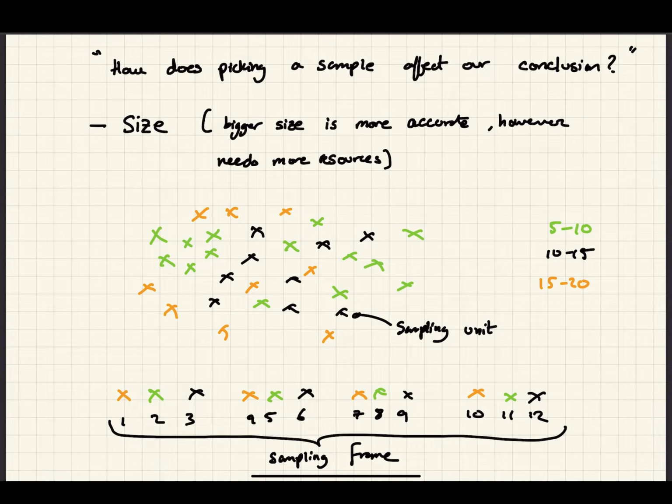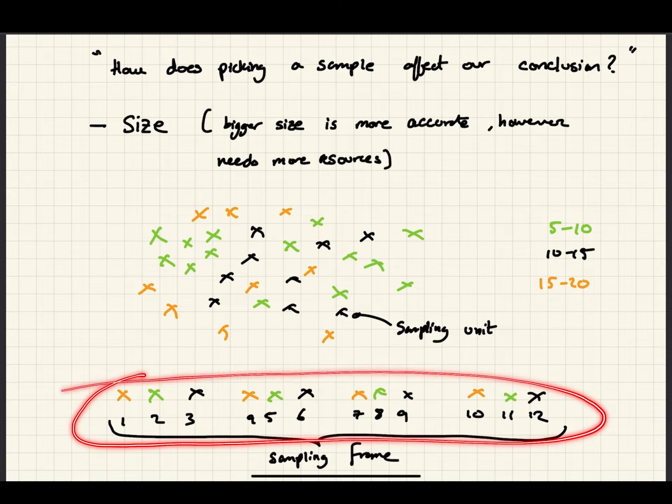So just to recap, in my population, every individual cross that I've got, every single individual unit here, all of these are known as sampling units. And normally in a sampling frame, when I've numbered them and made a list of everything put together, this is all known as a sampling frame.